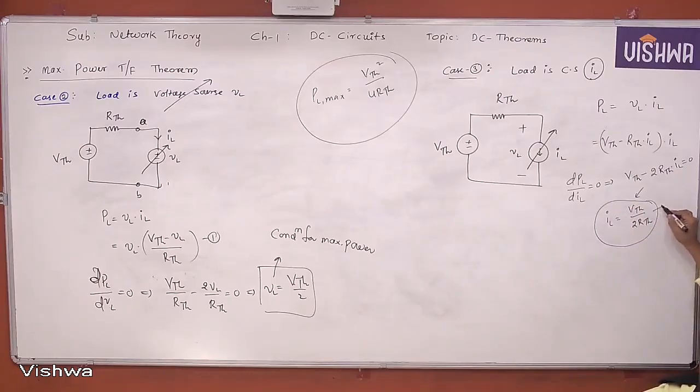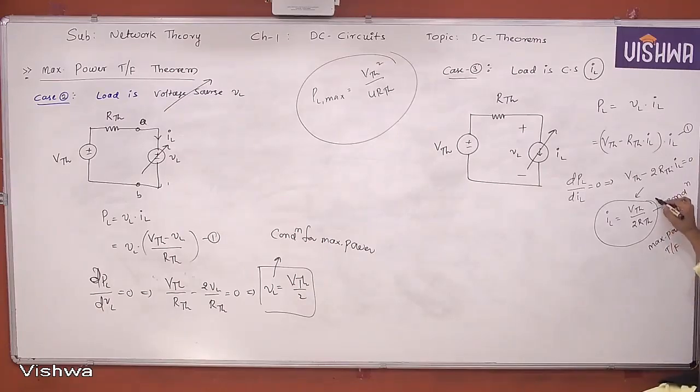This is the condition for maximum power transfer. Now you substitute the same thing in equation 1. You call it equation 2.